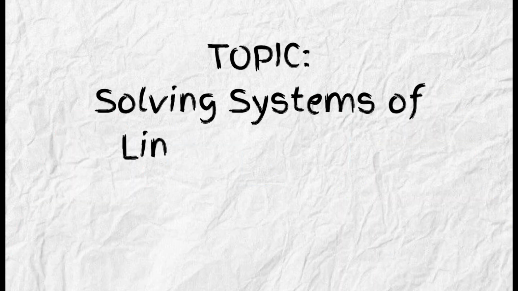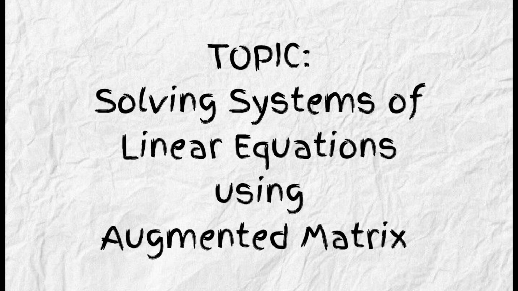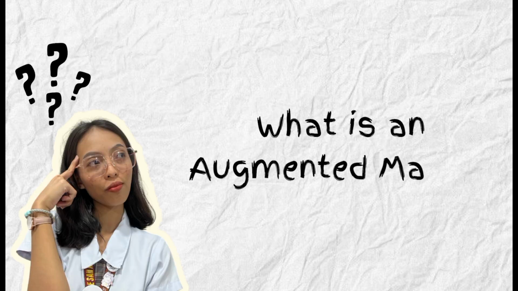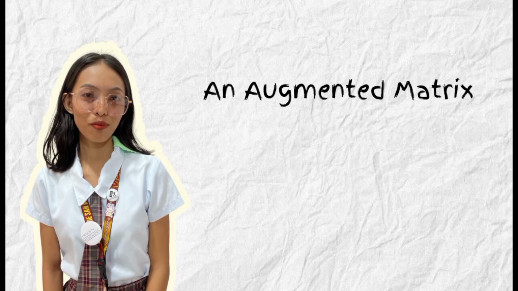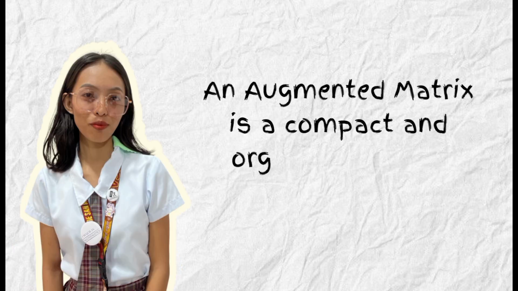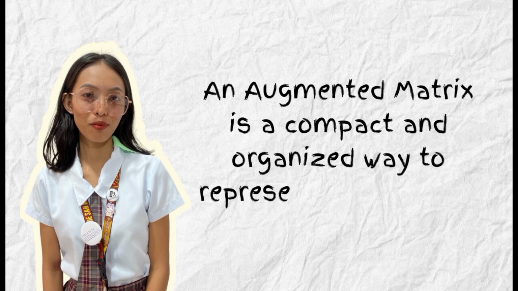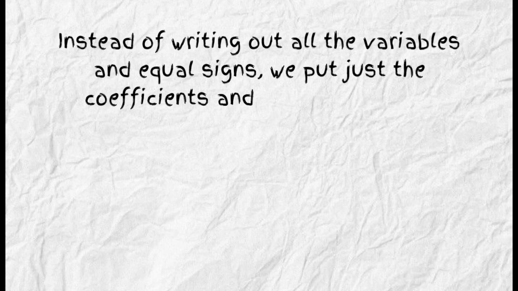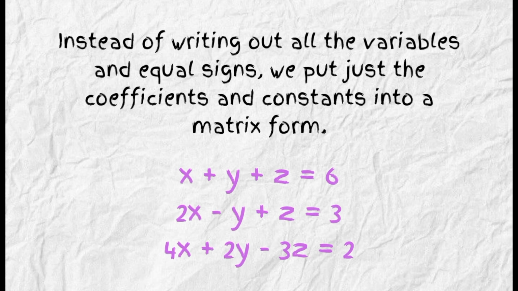Solving systems of linear equations using augmented matrix. What is an augmented matrix? An augmented matrix is a compact and organized way to represent a system of linear equations. Instead of writing out all the variables and equal signs, we put just the coefficients and constants into a matrix form.